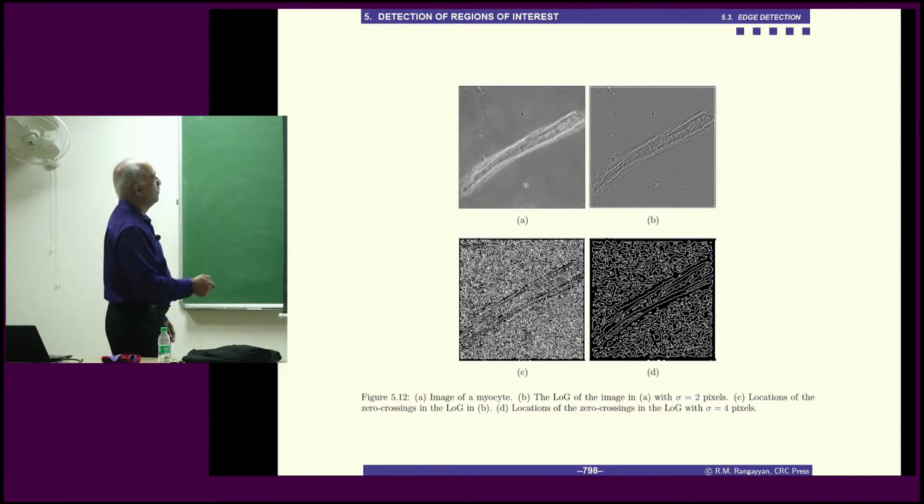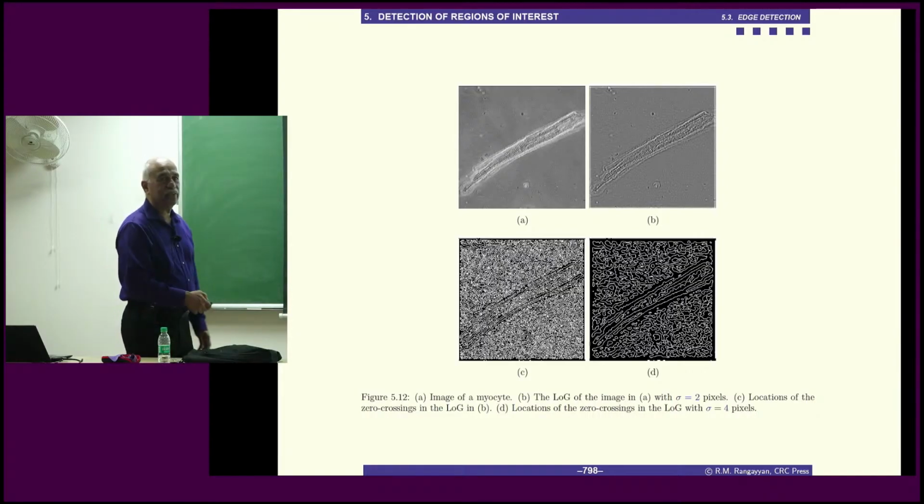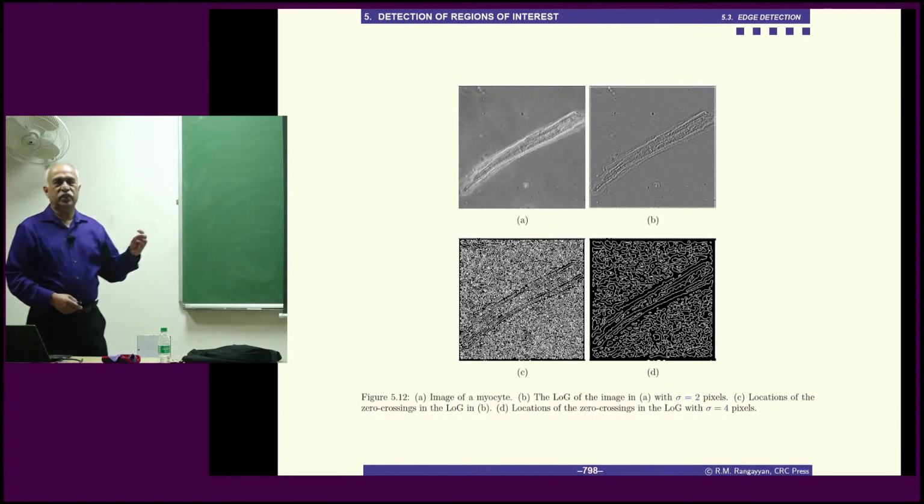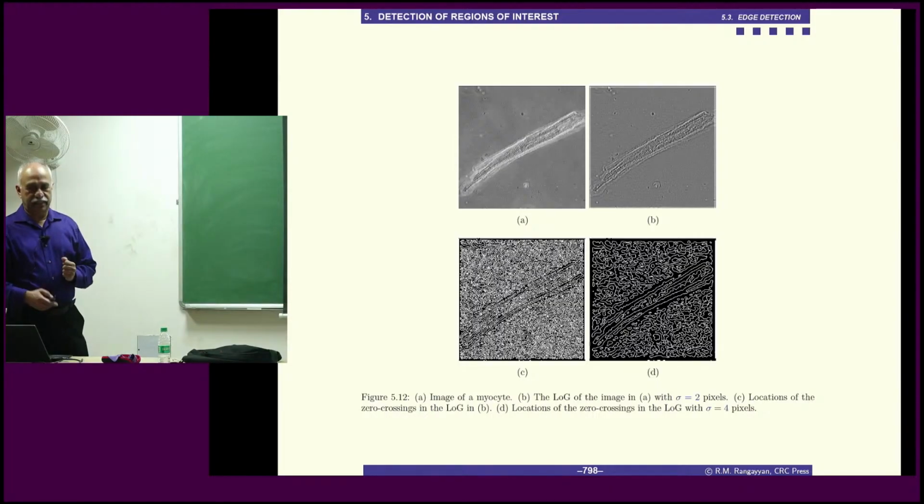So here also, there's a lot of noise in the video image. Sigma equal to 2 gives a lot of noise. Sigma equal to 4, it's creating these false contours, but there are fewer zero crossings here than there, and these edges are staying. The strong edges will remain at multiple scales. That's one of the foundations of multi-scale analysis.